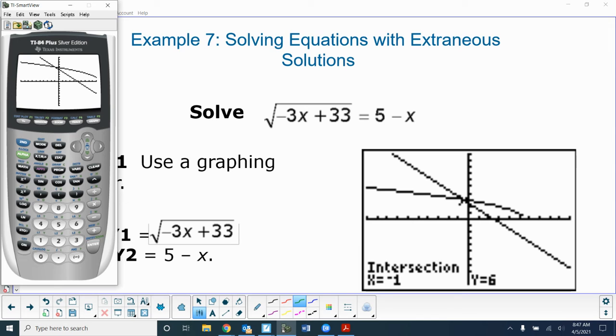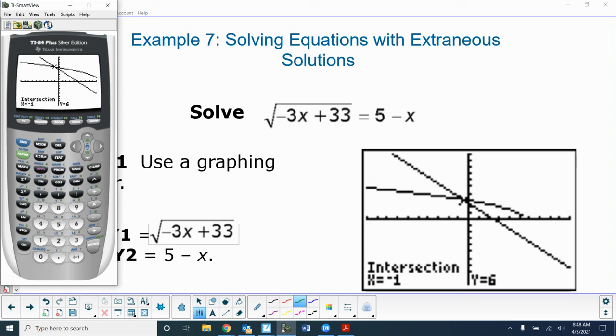So to get this intersection, go to second, calculate. Second trace, sorry, which is calculate. Number 5's intersect. So it says first curve, just hit enter. Second curve, hit enter. And then guess, hit enter. There's a negative 1, 6.